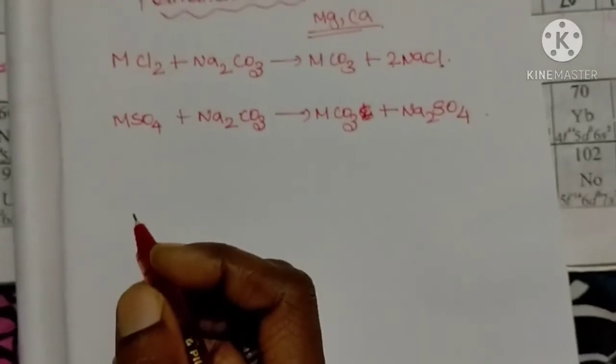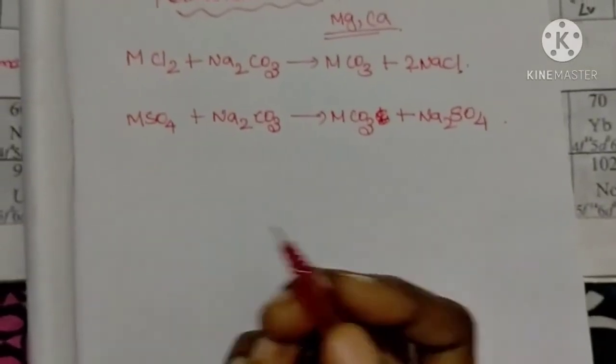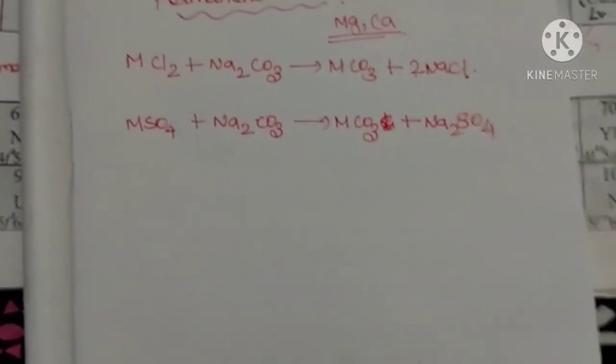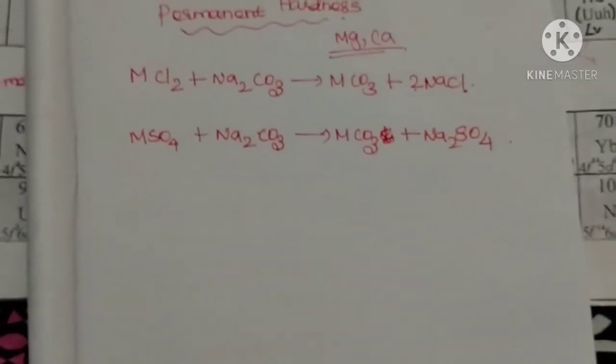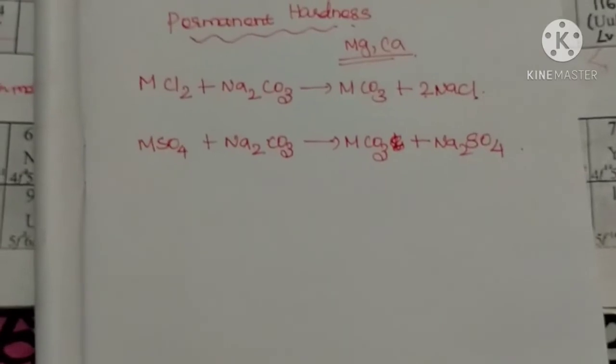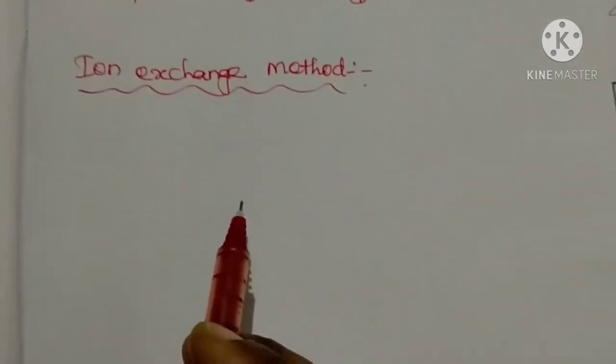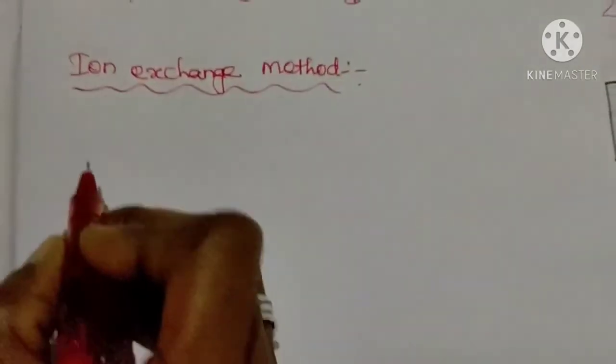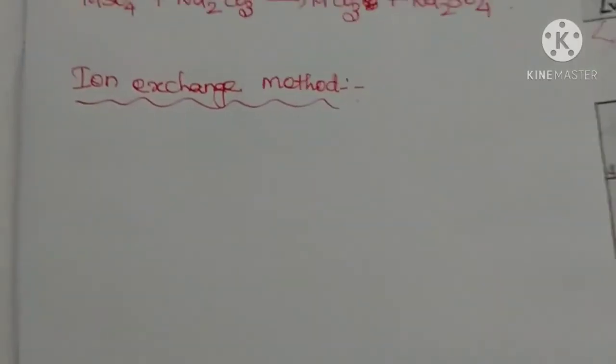This is one type, and we use another method to remove the permanent hardness from permanent hard water: the ion exchange method, using zeolite or ion exchange beds.